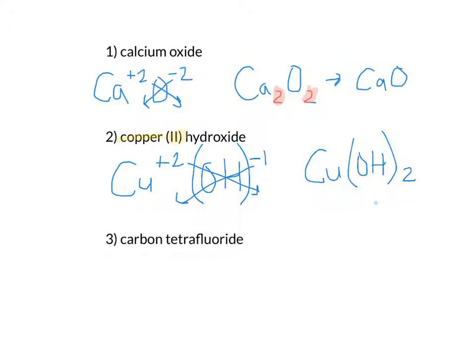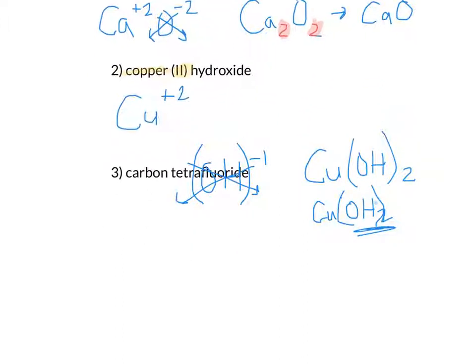That tells me it takes 2 OHs to cancel out that 1 copper. Now that's going to be a lot different than if I write that without the parentheses, because that's saying that I only have 2 hydrogens, not 2 OHs. So make sure that you have those parentheses. That's really, really important.